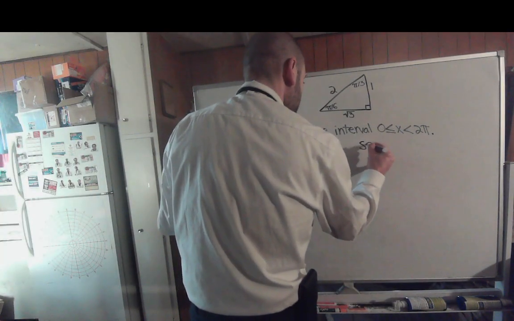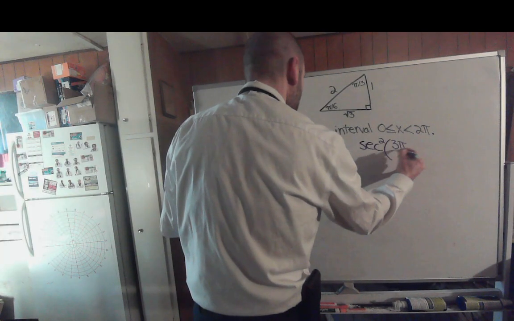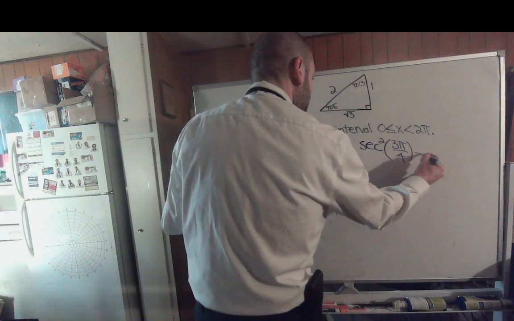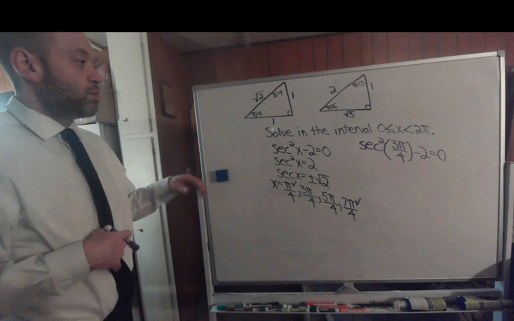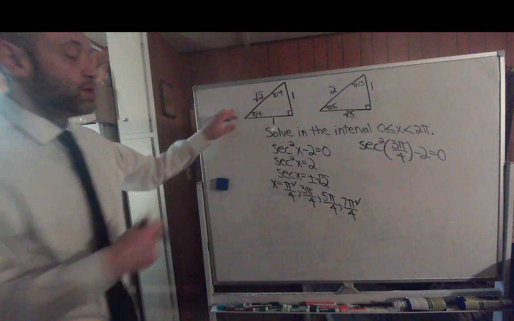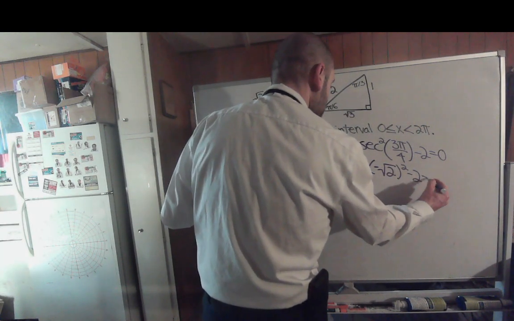So let's do 3 pi over 4. The secant squared of 3 pi over 4 minus 2 equal to 0. Well, what is the secant of 3 pi over 4? Well, this is in the second quadrant, so it would be negative of the square root of 2. So negative of the square root of 2 squared minus 2 equals 0.